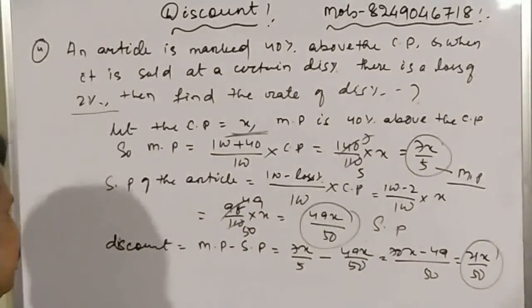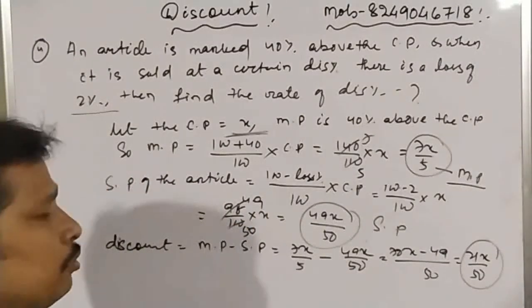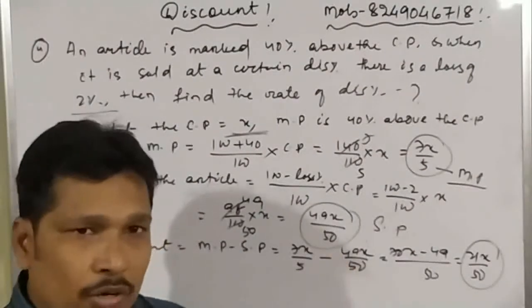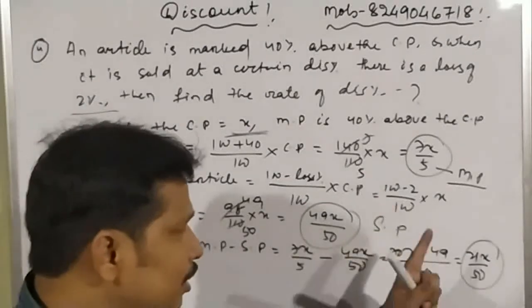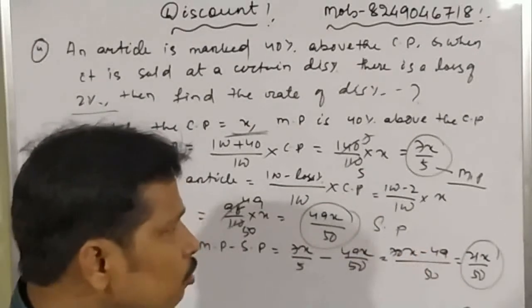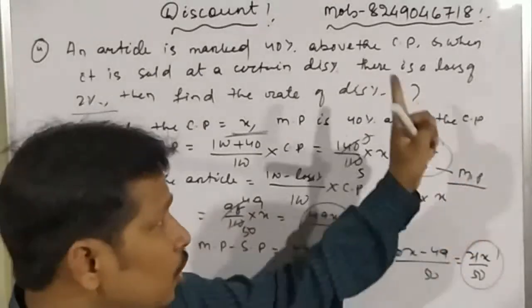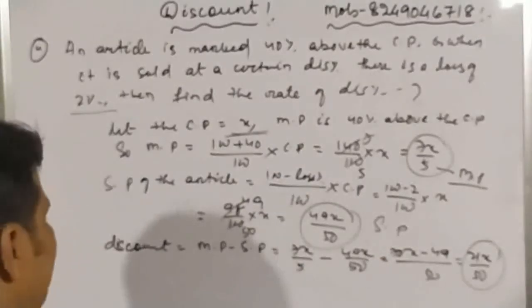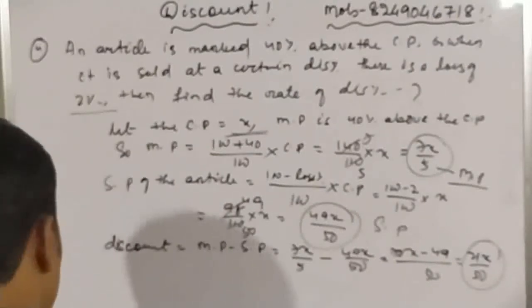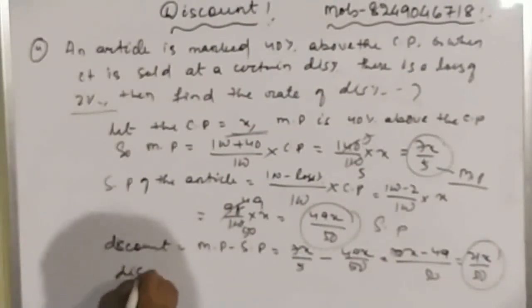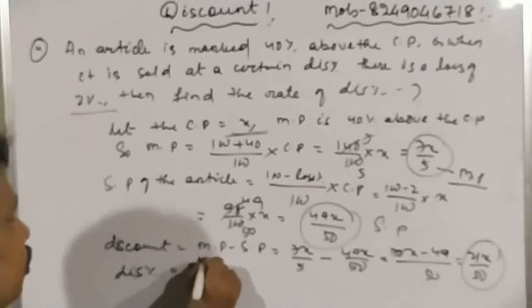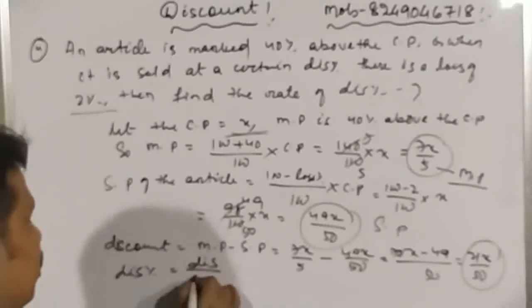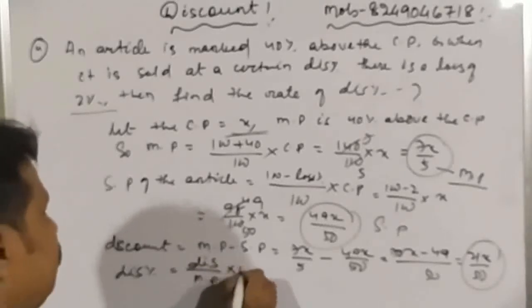This is our discount. Now we have to find out the discount percentage, and I have already told you that the discount percentage or discount depends upon the mark price, not the cost price. So now we will find out the discount percentage. Discount percentage is equal to discount by mark price into 100.